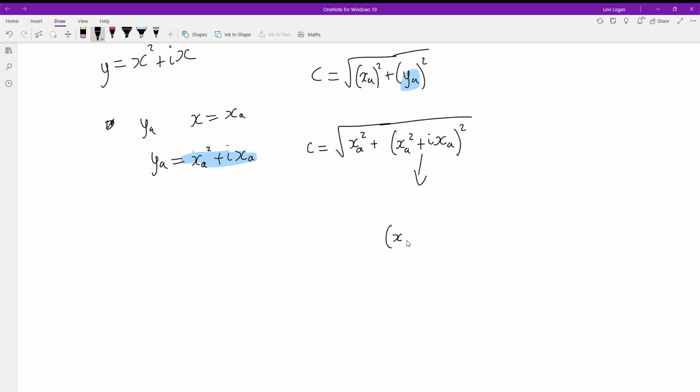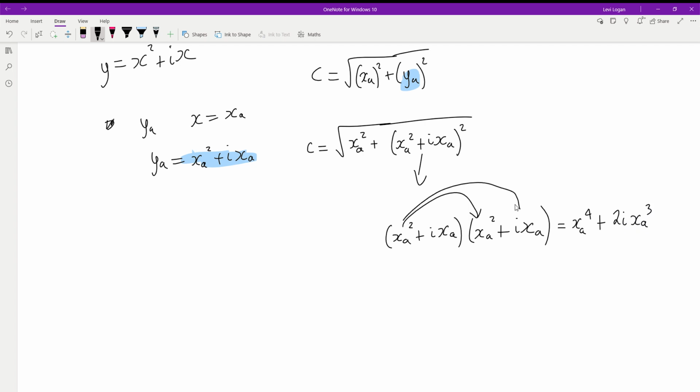So x of a squared plus I of x of a multiplied by itself is going to give us, so multiply this term here, that's going to give you x of a to the 4 plus multiply this term here, but we have to do that twice. So what we're going to have is 2i x of a to the 3, because you're multiplying here and then you're also multiplying here.